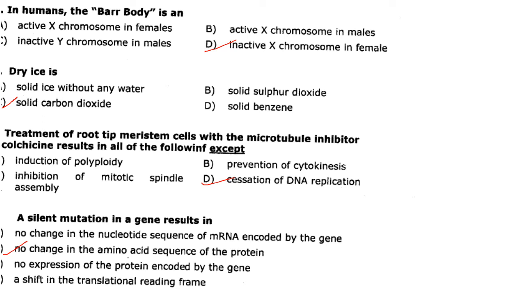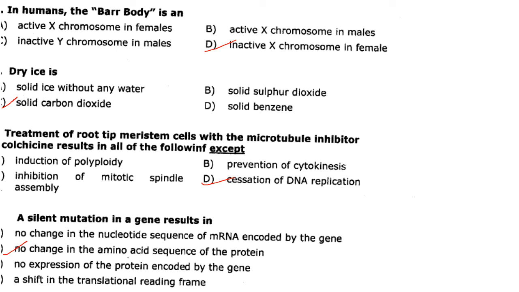Treatment of root tip meristem cells with the microtubule inhibitor colchicine results in all of the following except cessation of DNA replication. So answer is option D. If you treat a root tip with colchicine, it is for induction of polyploidy. It will inhibit the spindle fiber formation.